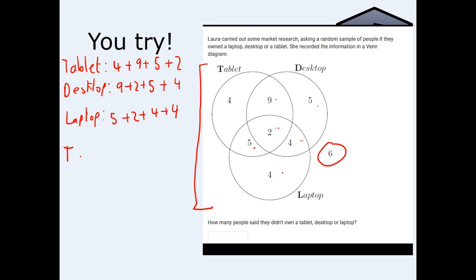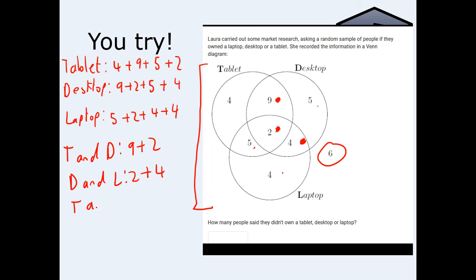The people with a tablet and a desktop would be 9 and 2. Okay, having this and this is in the overlap of those two. Having a desktop and a laptop would be 2 and 4. Here and here, 2 plus 4, because that's in the overlap of both.